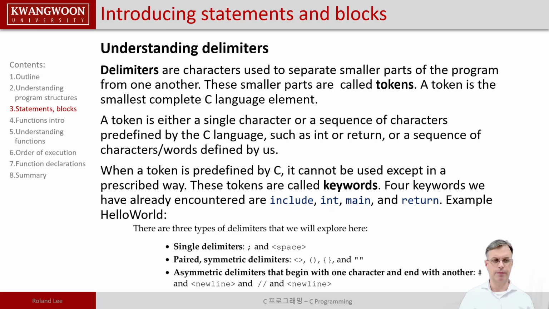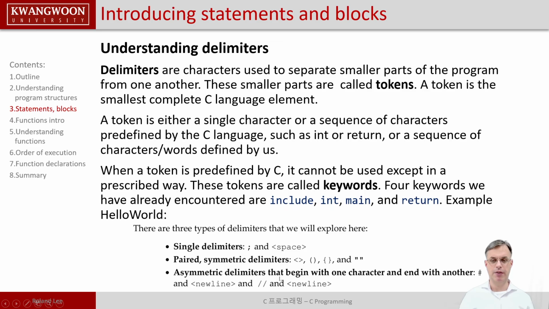The keywords we have already encountered include int, main, and return. We will still see many others throughout the course. Now there are three types of delimiters that we will explore here. Single delimiter, so backslash also, but semicolon or space. Paired symmetric delimiters, you see them here.